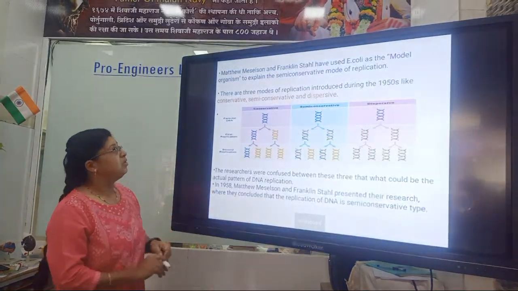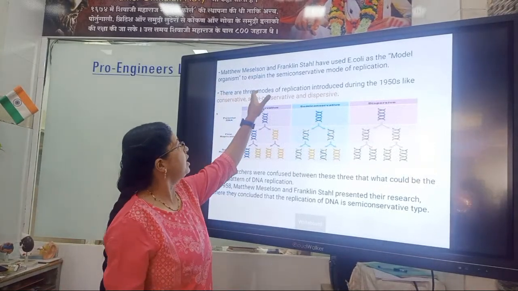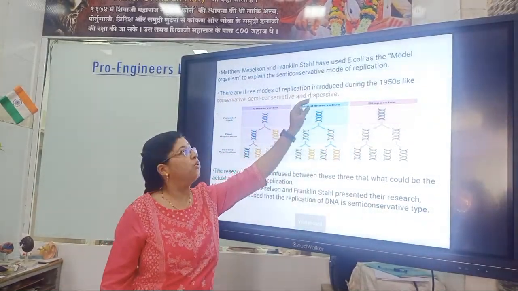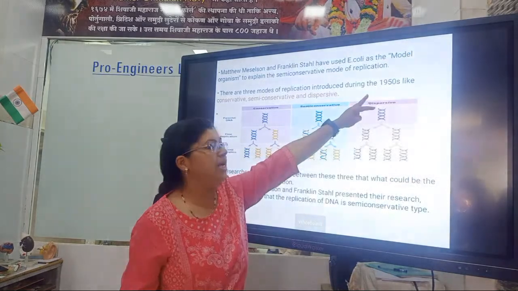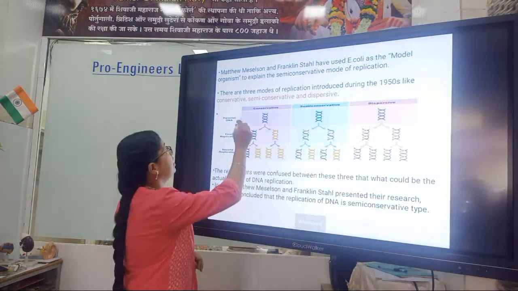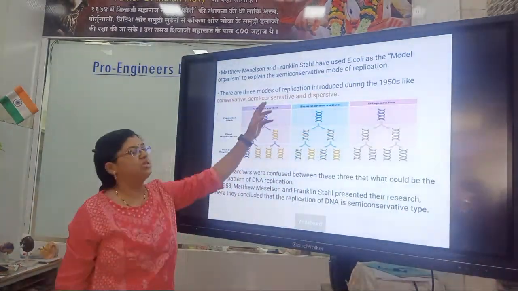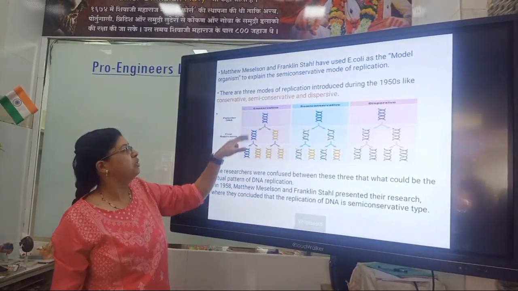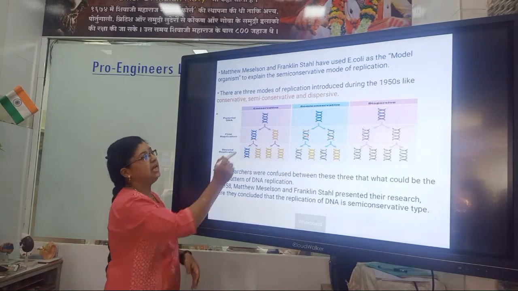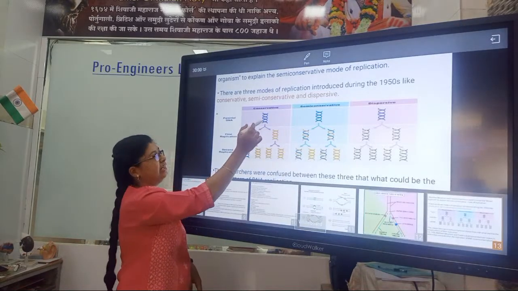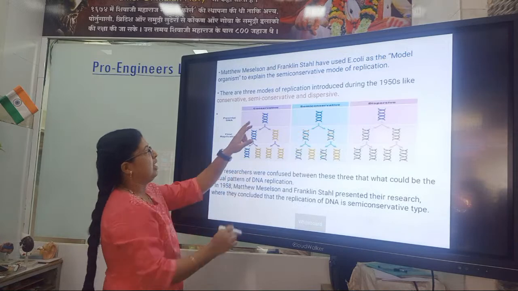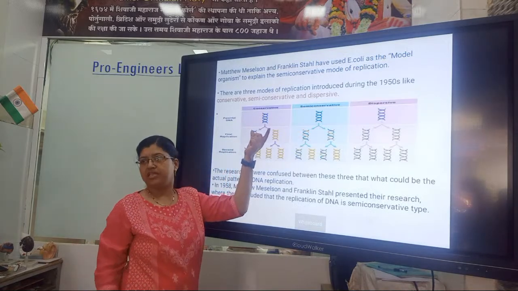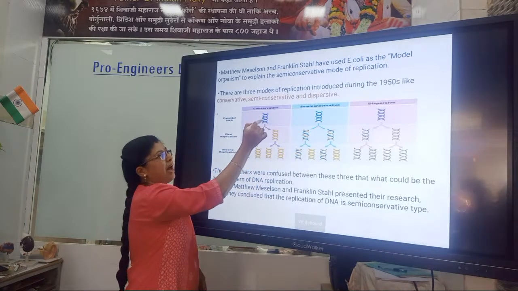See, first there are three modes of replication, which were introduced around 1950: conservative, semi-conservative and dispersive. So what happens in conservative? This is the parent DNA, and after replication, what happens?